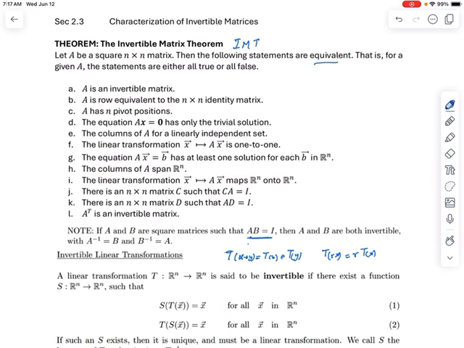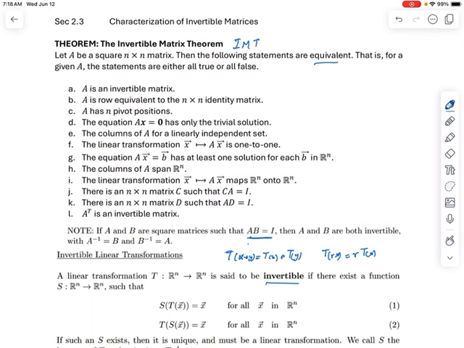Now we are going to mention when a linear transformation is invertible. Invertible means it has an inverse. Like functions and their inverses, not every function has an inverse. A linear transformation T from Rn to Rn is said to be invertible if there exists a function S from Rn to Rn such that S of T of x is equal to x and T of S of x is equal to x as well.